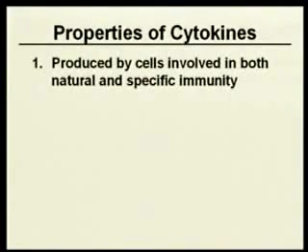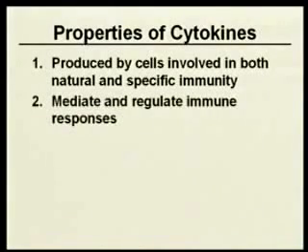Some of the properties of cytokines. Cytokines can be produced by cells involved in both the innate as well as the acquired or specific immune response. Again, the major role they play is they help to mediate the immune response. We discussed this a little bit with the B cells. The way the B cells become activated is the T helper cells will produce cytokines.